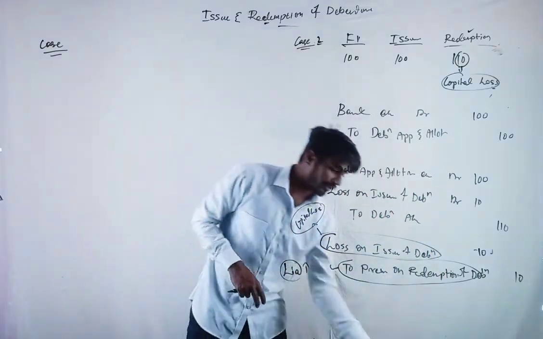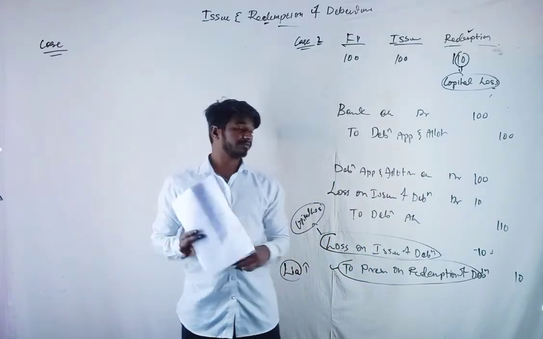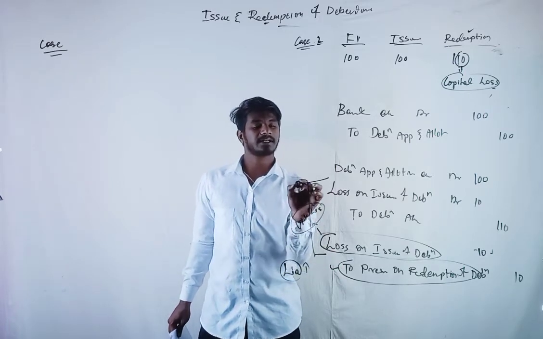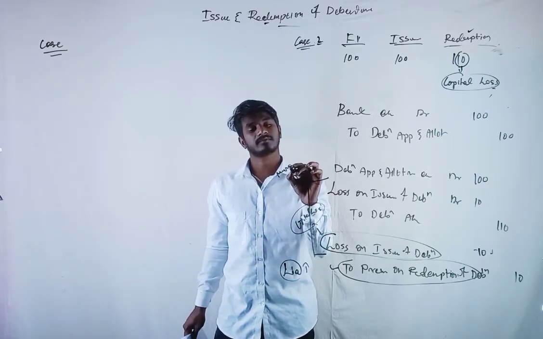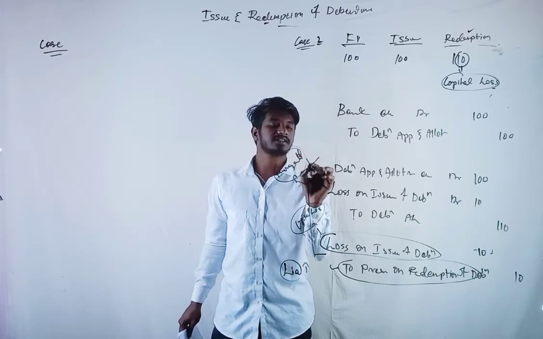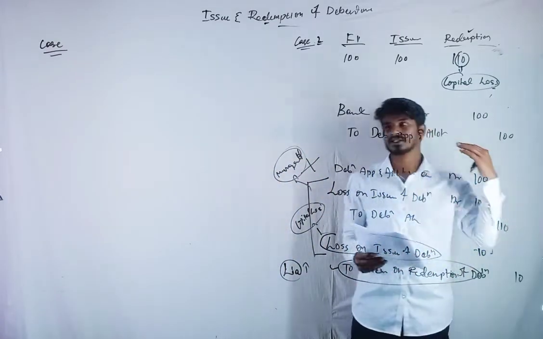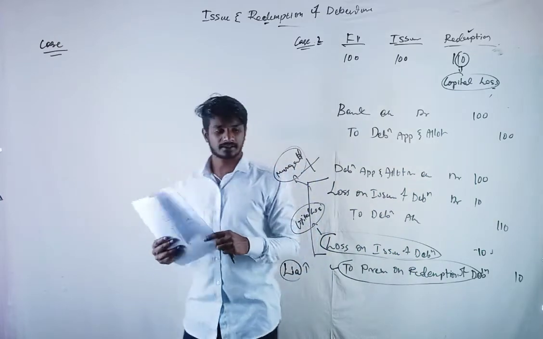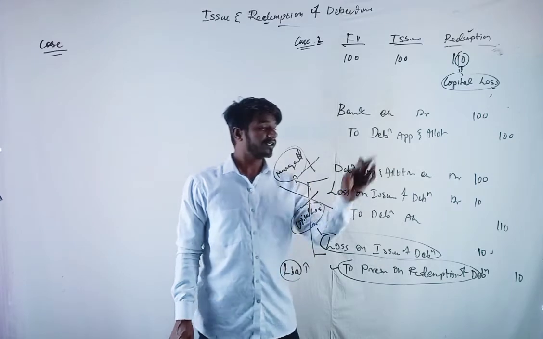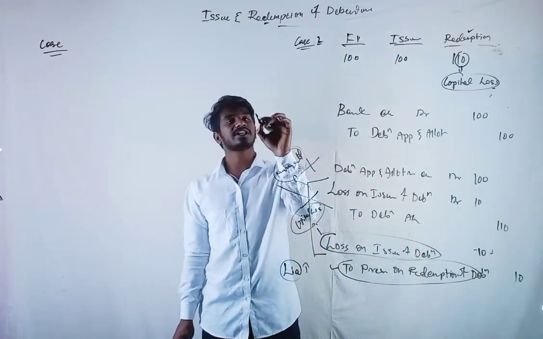Case 2 is done. Let us move on to case 3. And one more thing here, these two entries will get merged, but not in this case. We will discuss that later, I think in the fourth case. So here it should not merge. It is not correct. It should be shown in a separate entry because of the prudence concept.